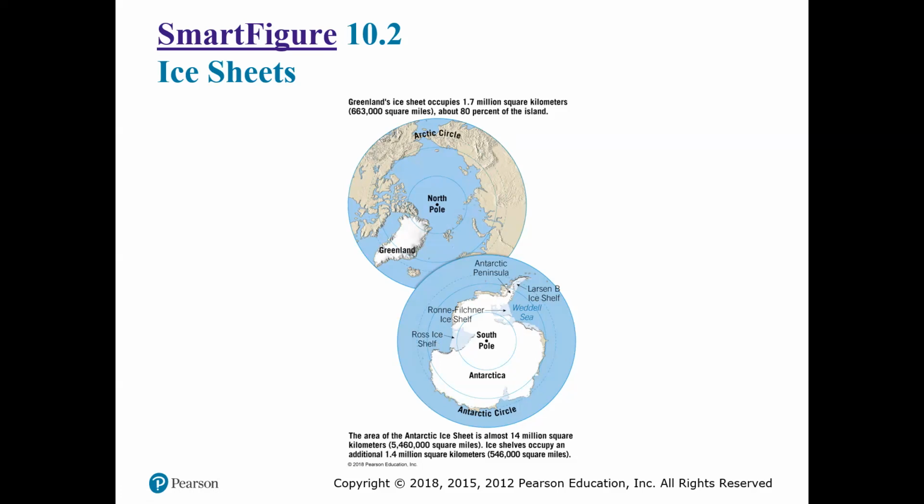They extend seaward, so they're going out into the sea, but they actually remain attached to land on one or more sides, as you can see here if we look at the Ross ice shelf. These are the largest in Antarctica. There are more. The Ross ice shelf covers an area about the size of Texas. So it's floating there in the ocean, but still attached to land.